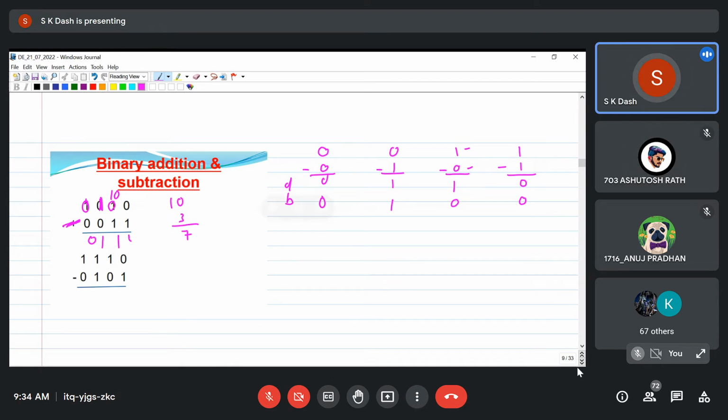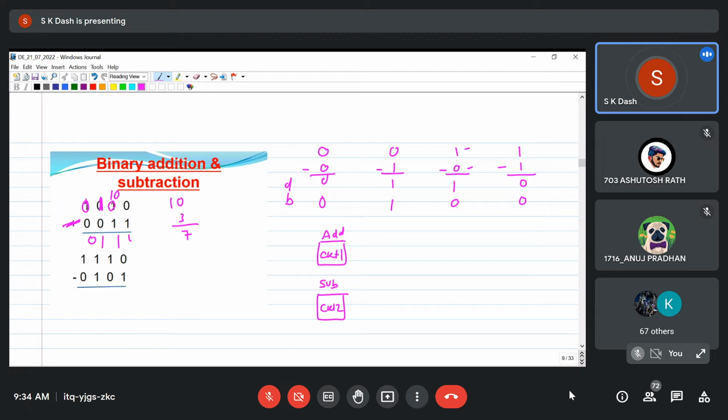So now if we think about the implementation, suppose I require a circuit. I will design a circuit which will do the work of this addition. Then I will require circuit 1. If I require a circuit for subtraction, I will require another circuit 2.